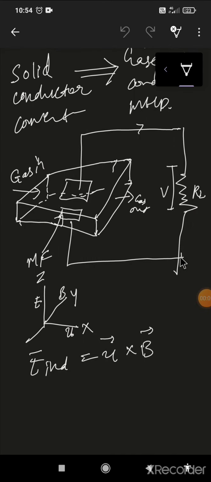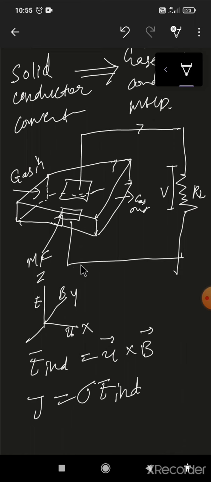The induced current density, that is J, is given as sigma into E induced, where sigma is the electric conductivity in mho per meter.